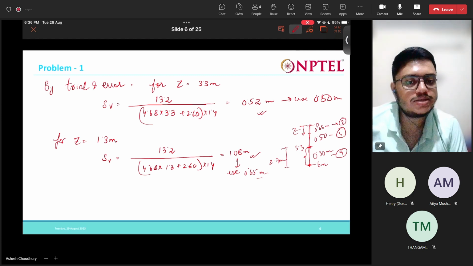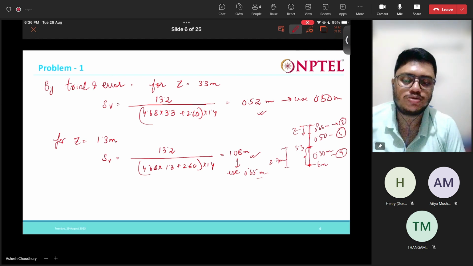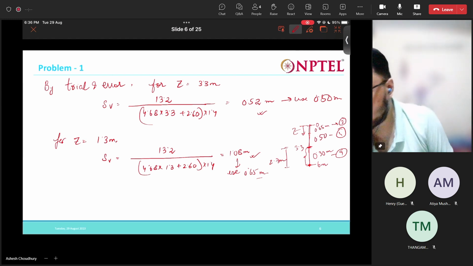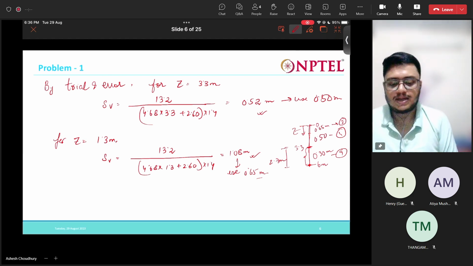Then for 4 layers we will be providing 0.5 meter spacing, and for the remaining 1.3 meter height we will be providing two layers with 0.65 meter spacing. This is completely up to you, you have to decide the spacing.